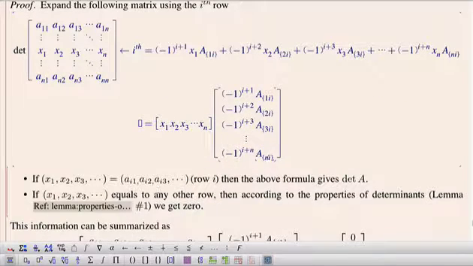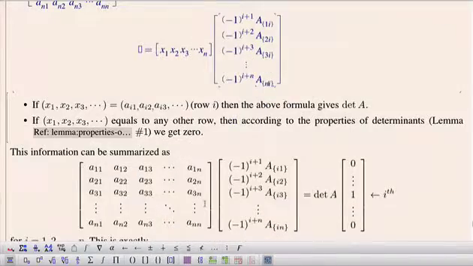And then notice that if these x1, x2, x3 are actually ai1, ai2, ai3, that's the actual ith row, then this formula gives us the determinant of A. On the other hand, if x1, x2, x3 vector equals any other row, then according to the properties of determinants, which is more precisely a lemma and part 1 of the lemma, that means the ith row is replaced with another row, and we have a duplication of rows in this case, and that means that we get a 0 determinant.